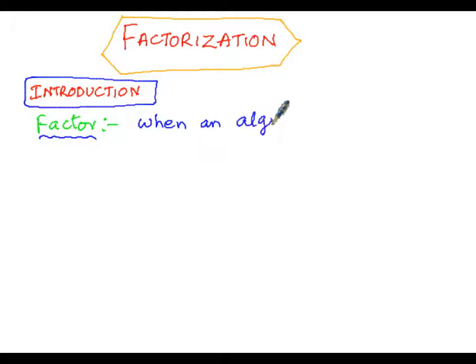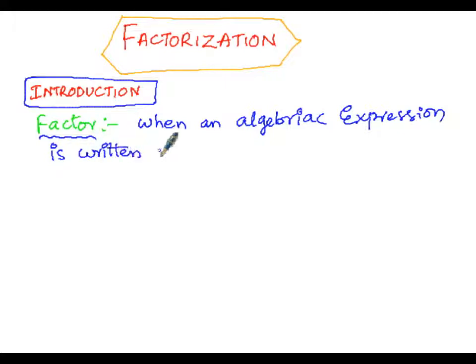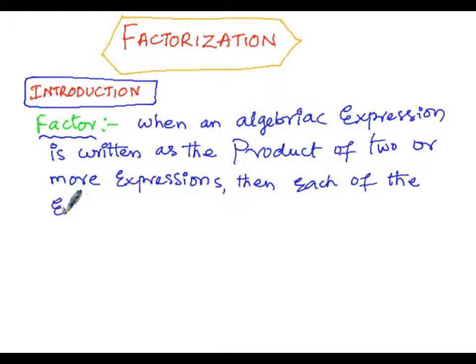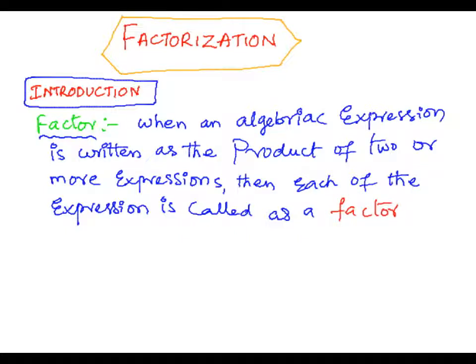When an algebraic expression, maybe of a binomial or a trinomial, is written as the product of two or more than two expressions, then each of the expressions is called a factor of the given expression.